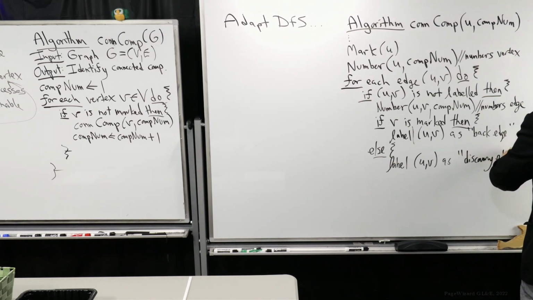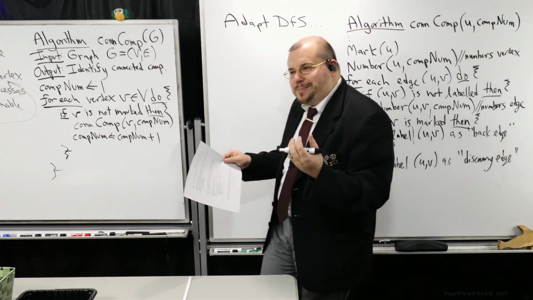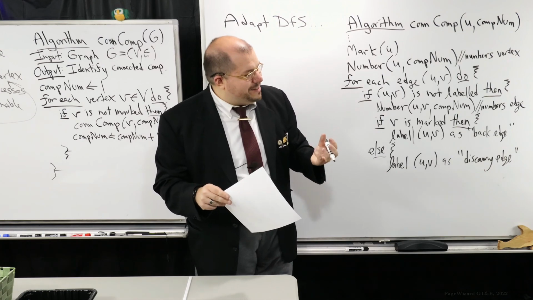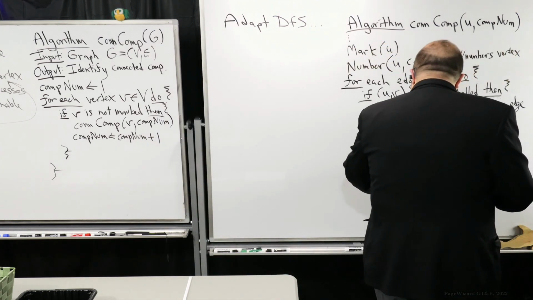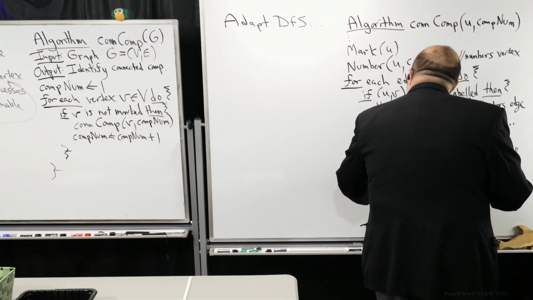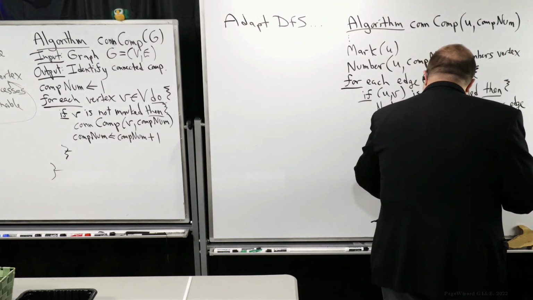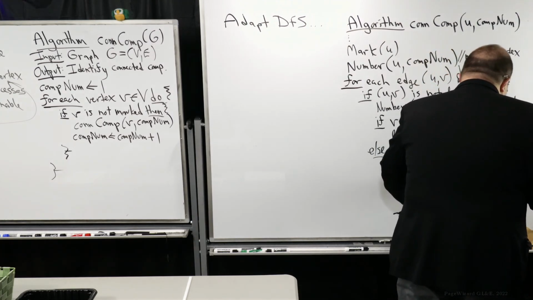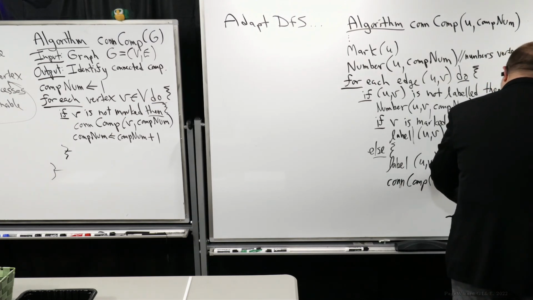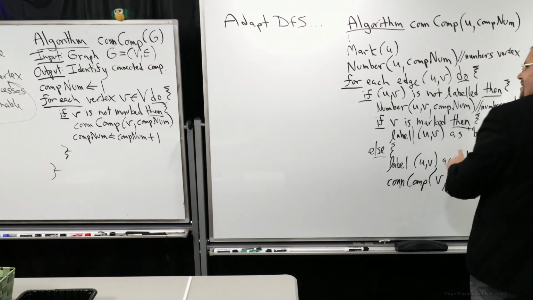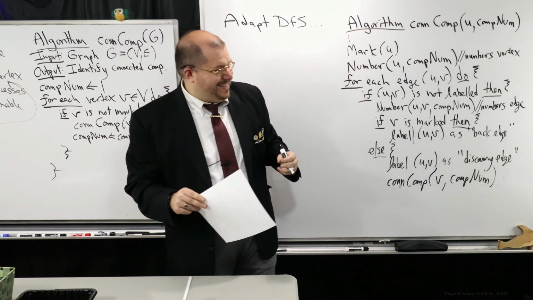That says discovery, by the way. The V and the E and the R sort of melted into each other like it went in the microwave, like microwave cheese that went a little too long. And then we're going to apply comp with V, and we give it comp num, the same number. We don't change the number. The only time we change it is when we have a new connected component.